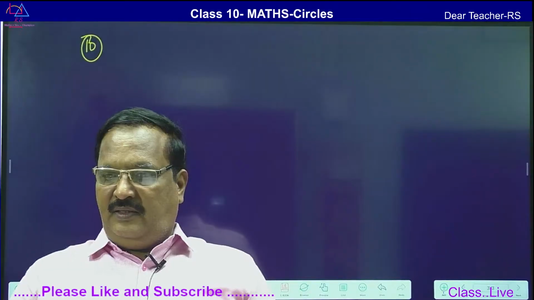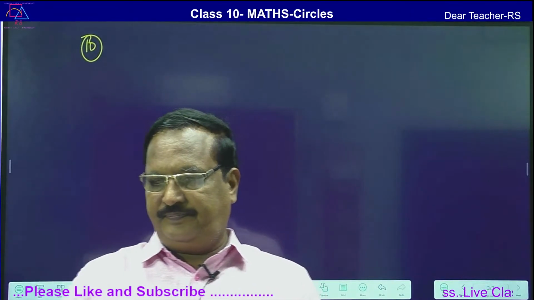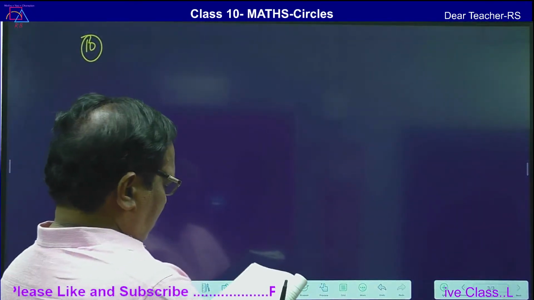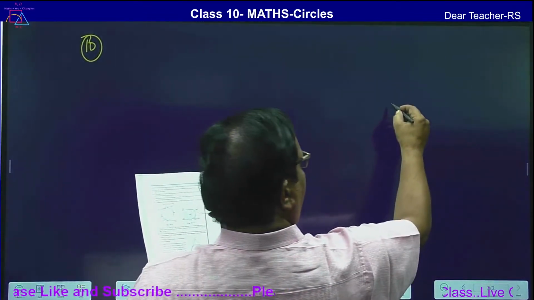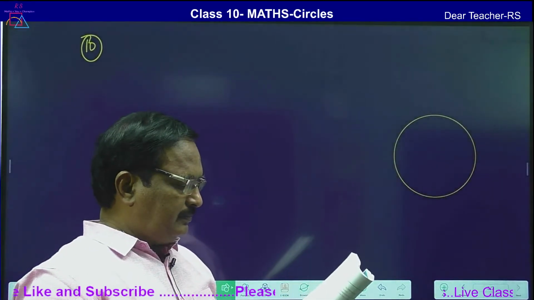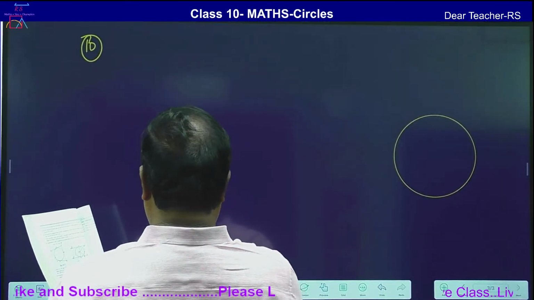Okay. So, let me draw the figure. We need a circle, two tangents drawn from an external point. We need an external point.